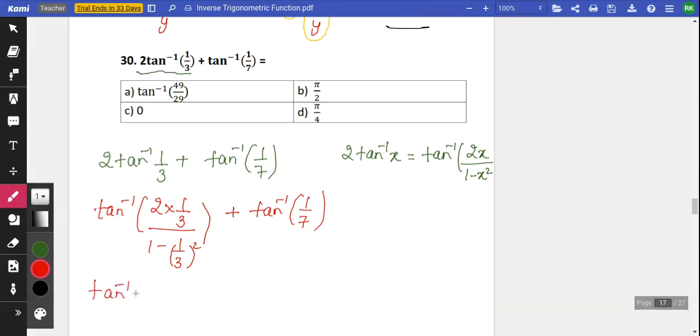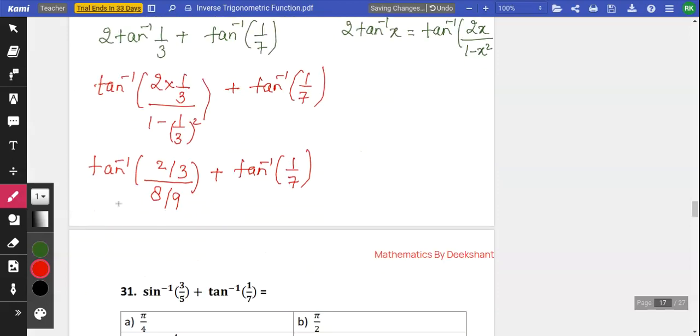After solving, this term will become 2 upon 3 upon 9 minus 1, 8 by 9, plus tan inverse 1 upon 7. Basically, this 3 can be cancelled out by 9.